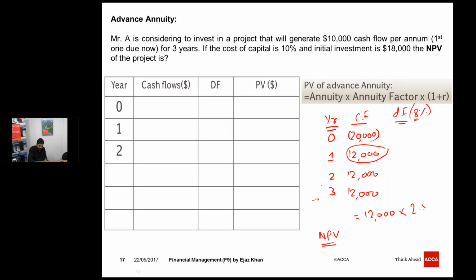So if you multiply 12,000 with 2.577, we'll get 30,924. And the investment is $20,000, so we'll subtract $20,000 from the present value and we will get 10,924 net present value.